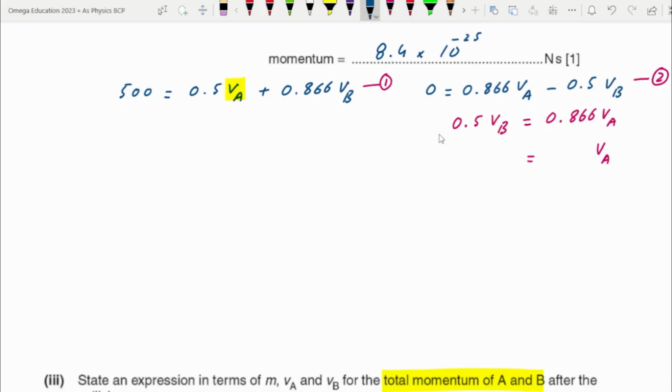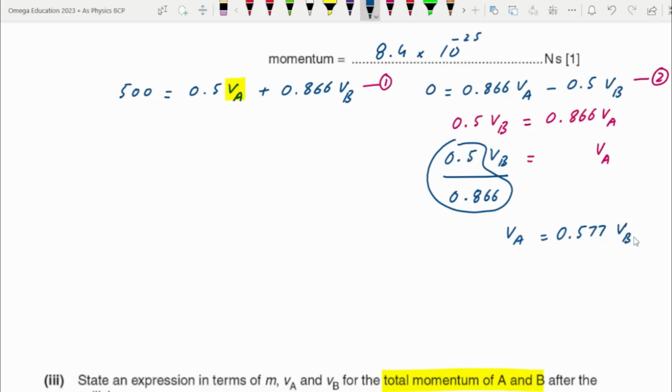VA equals 0.5 VB divided by 0.866. Now somebody divide these two things on the calculator. 0.577 VB. So the value of VA in terms of VB is 0.577.